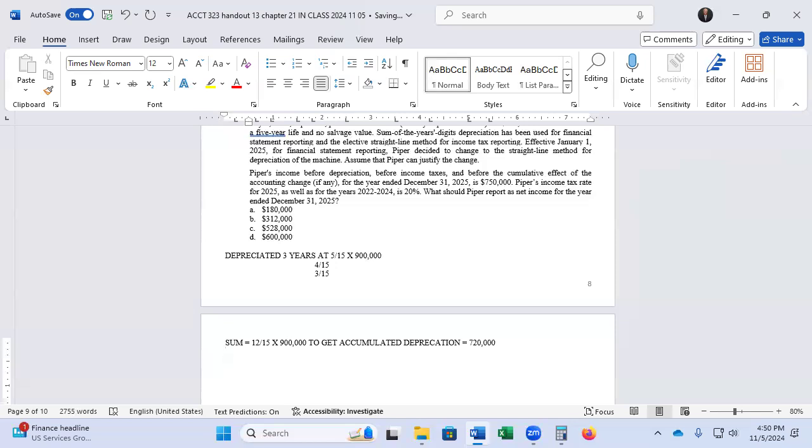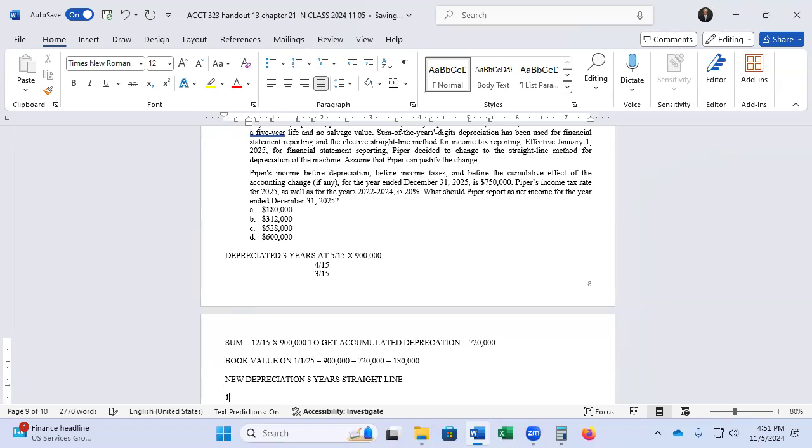So book value on 1/1/25 equals the 900,000 minus the 720,000. And it's 180,000. Now we have new depreciation, and that's straight line.